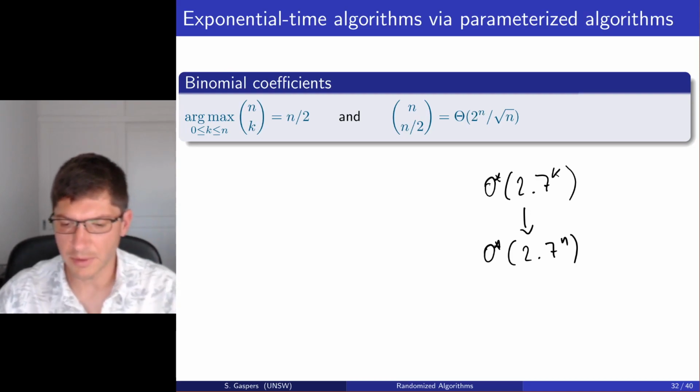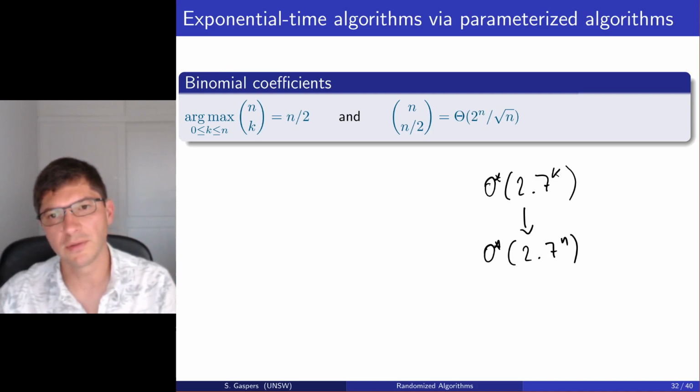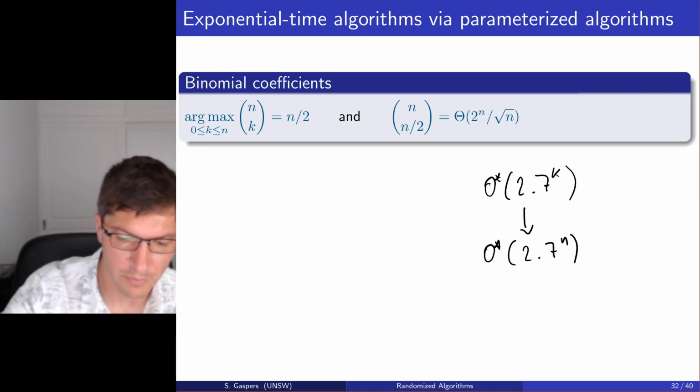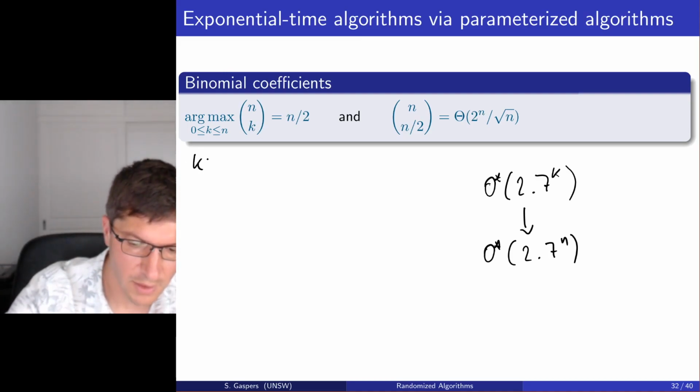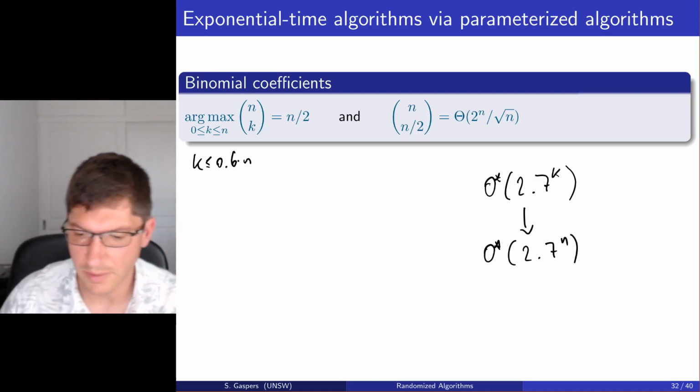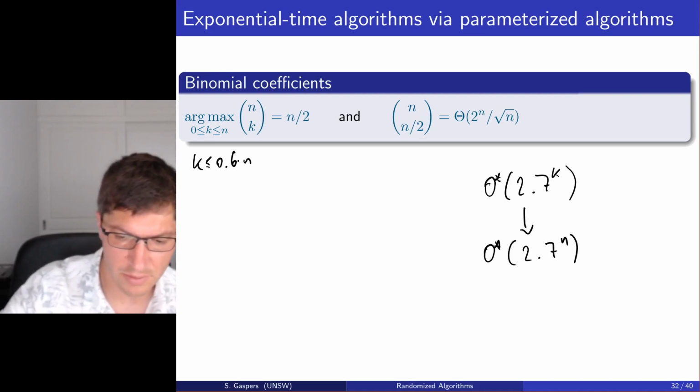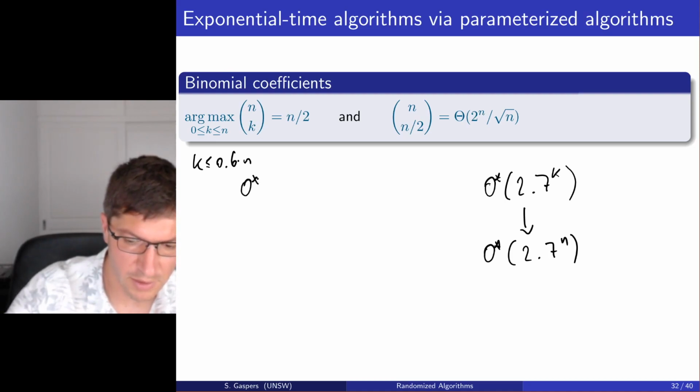So we can now think about, okay, maybe it only makes sense to run the parameterized algorithm when k is small. So maybe we say that if k is at most 0.6 times n, then we run the parameterized algorithm, and then it has running time O star of 2.7 to the power 0.6 times n.